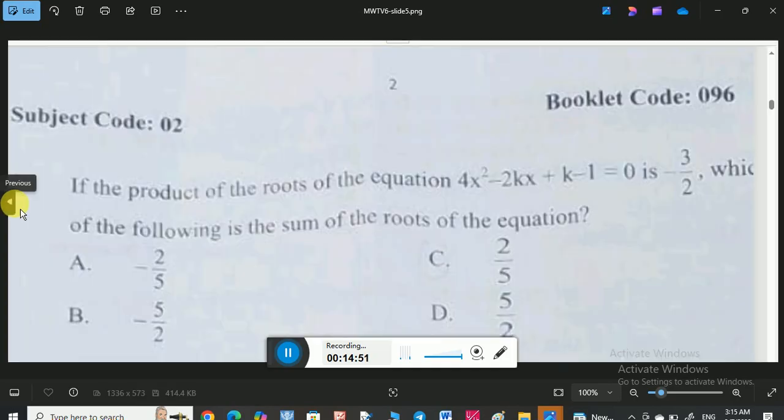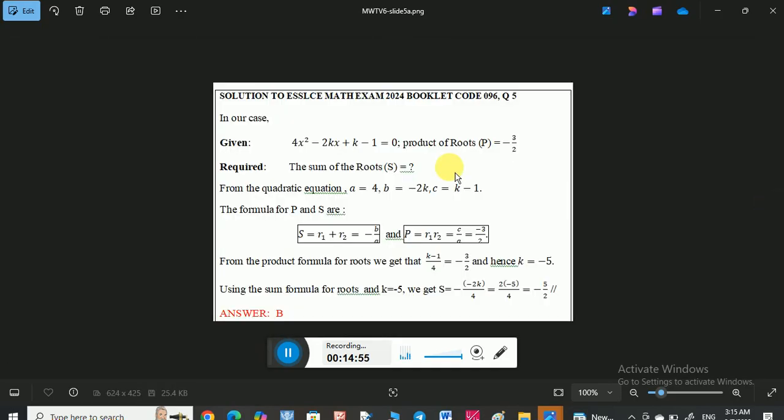You can check it is negative 3 over 2. And we are asked to find the sum of the roots. The formula is: sum of the roots S is given by negative B over A, and the product of the roots is given by C over A. Since the product is given, C over A becomes negative 3 over 2.